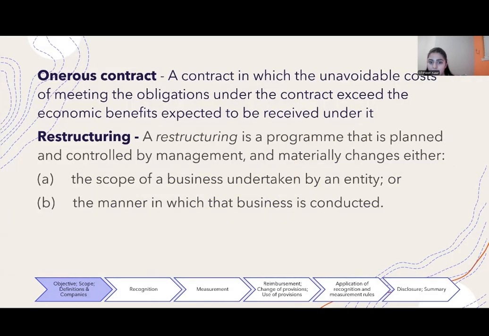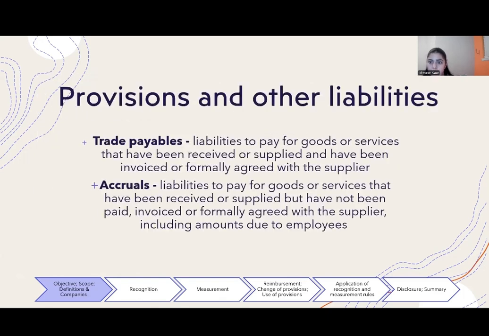Onerous contract is a contract in which the unavoidable costs of meeting the obligation under the contract exceed the economic benefits expected to be received under it. Restructuring is a programme that is planned and controlled by management and materially changes either the scope of the business undertaken by the entity or the manner in which the business is conducted.